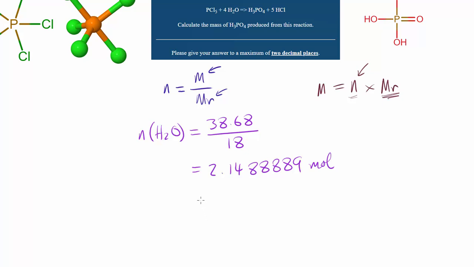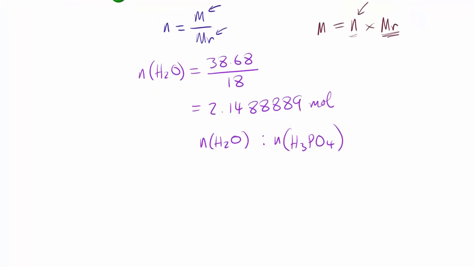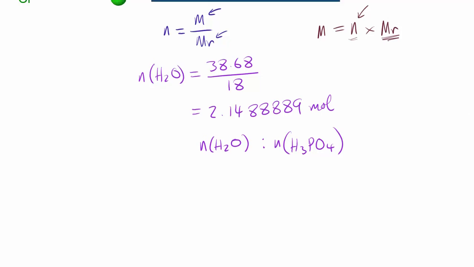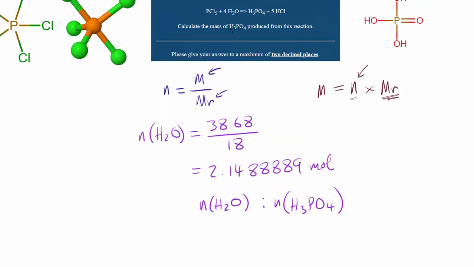effectively, moles of H₂O compared to the moles of H₃PO₄. What we find is the ratio between the two, as you see from the coefficients.